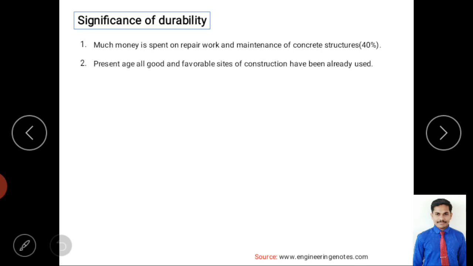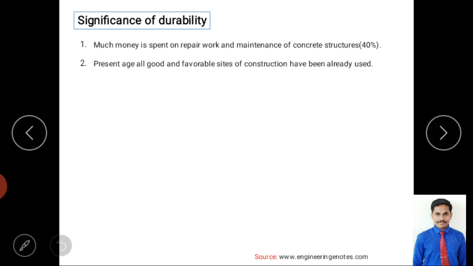So next, in the present age, all good and favorable sites of construction have already been used. Before constructing any structure we see the site, right? In that, all good and favorable sites for construction are already used.